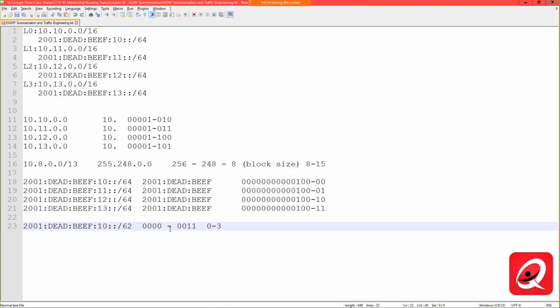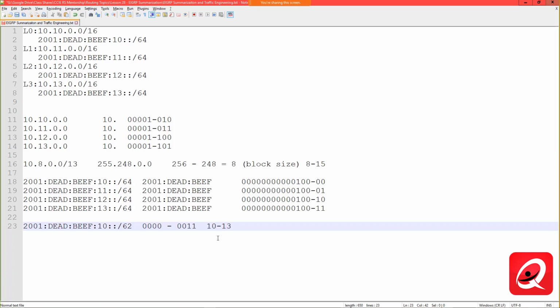All right. So it's actually not quite 0 through 3 because this bit is turned on, which means that it's technically 1, 0 through 1, 3. If you want to be more precise, I guess, if you will.